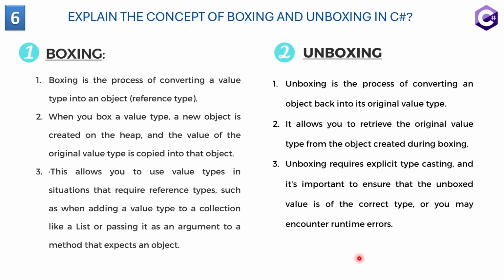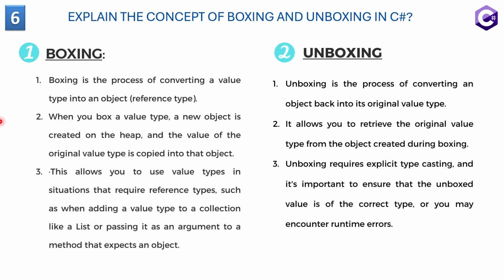So the next important concept is boxing and unboxing. Boxing is a process of converting a value type into an object type. I will explain in an example. When you box a value type, a new object is created on the heap. So it's created in the heap memory, and the value of the original value type is copied into that object.